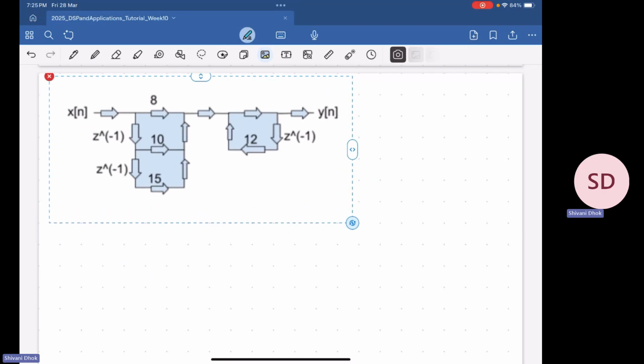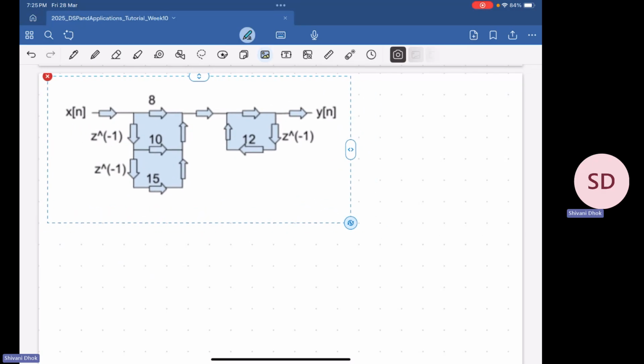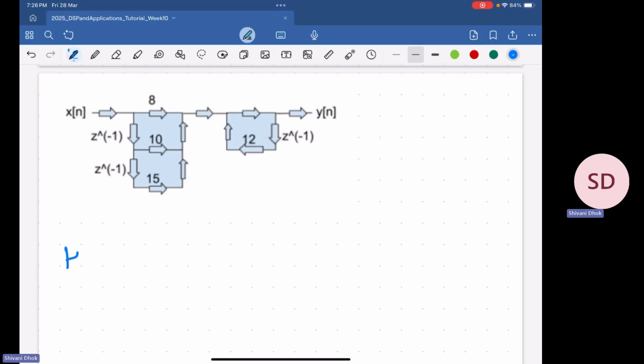This is the opposite of what we had done in our previous problems, getting the signal flow graph from the transfer function. So we'll do the opposite now. We'll get the system function from the given signal flow graph. So what we wanted is H of z. And to be precise, this particular representation is direct form 1.